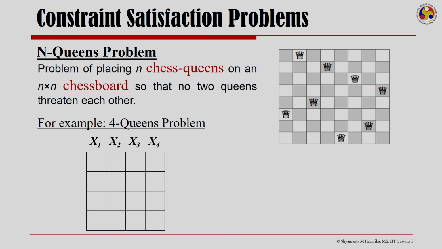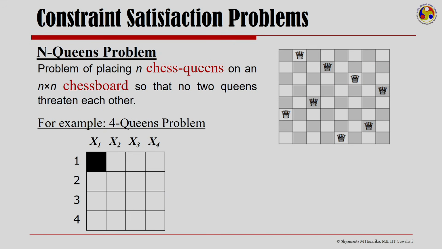and we will mark these variables as x1, x2, x3, x4, with 1, 2, 3, 4 being the different rows. Now, how do you specify constraints in such a scenario? The constraints could be explicitly mentioned.